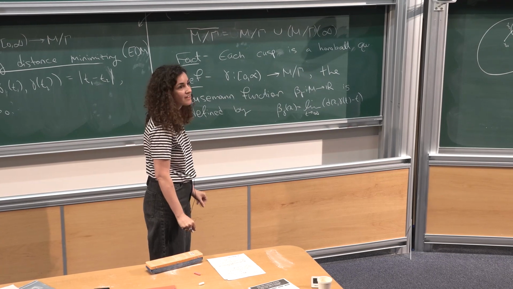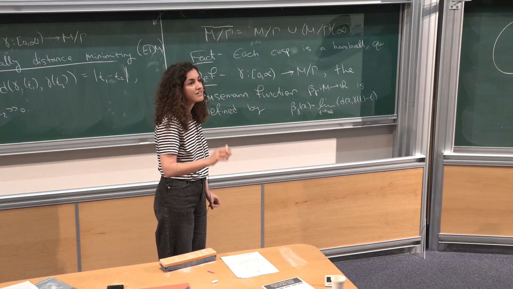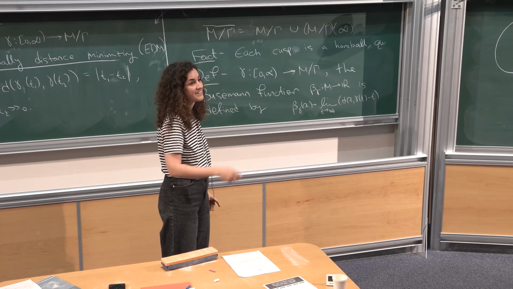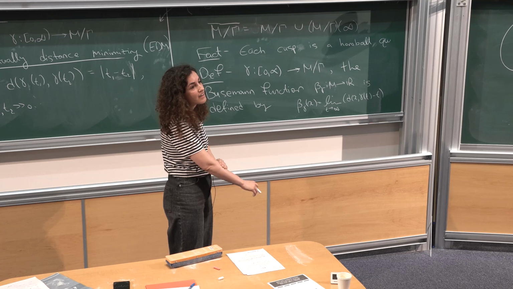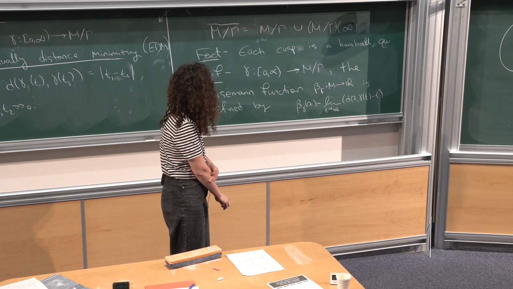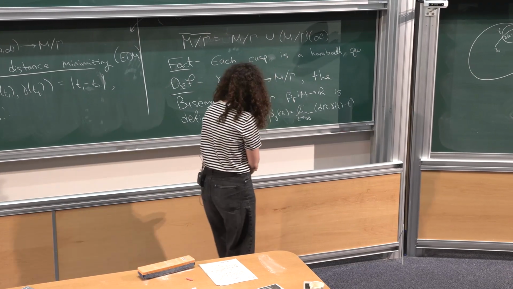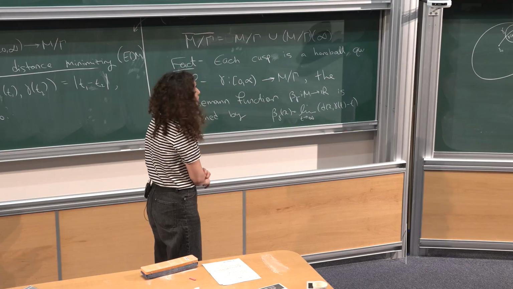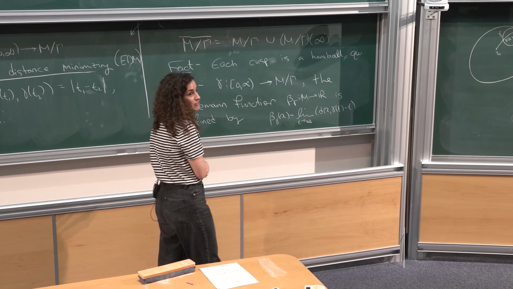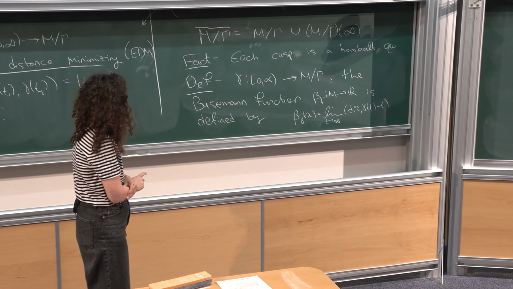So in your definition, is gamma a range to M instead of M mod gamma? Is the Busemann function from M mod gamma or from M?